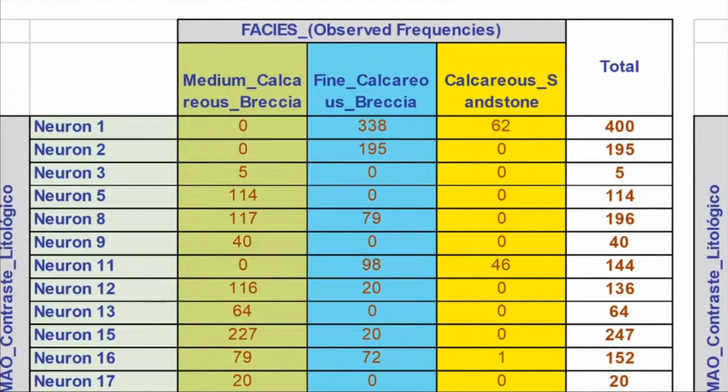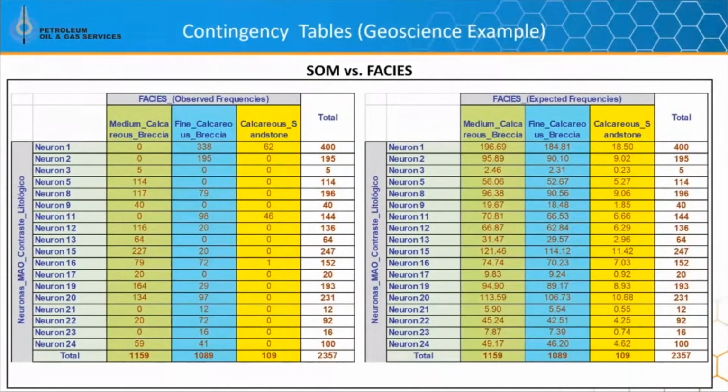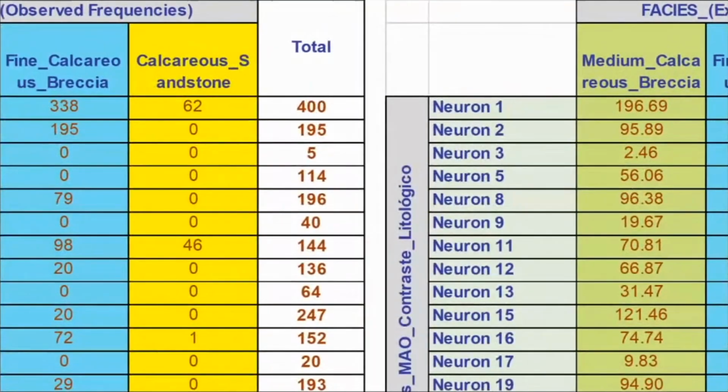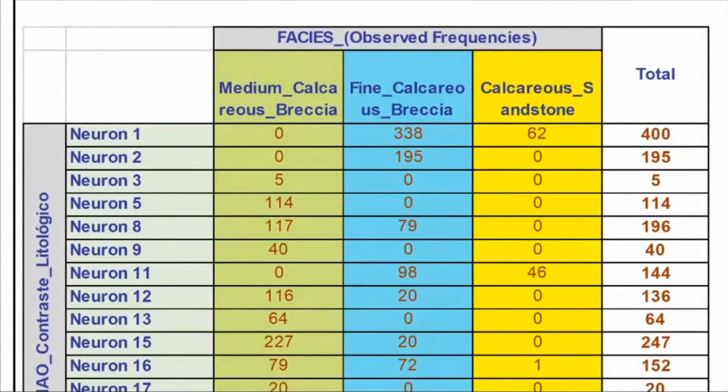At the right, you have the expected frequencies. And again, if you look at the details, neuron number 1 has a lot of counts in fine calcareous breccia, the best facies in this field. Number two is pure fine calcareous breccia. Number three, medium, but you can see the frequencies, the number of times that you count some properties by neuron.